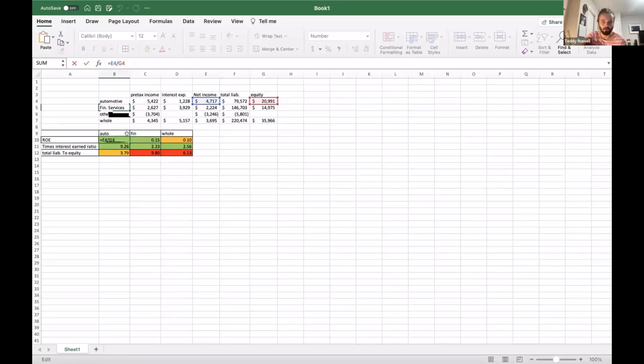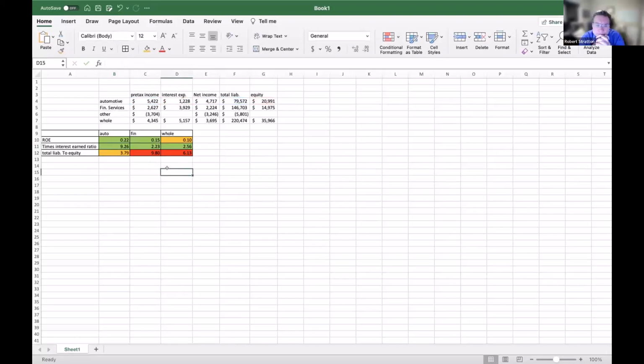ROE was net income divided by equity. Times interest earned was EBIT divided by interest expense. And total liability to equity is liability divided by equity. Then I just did it for all three of these.